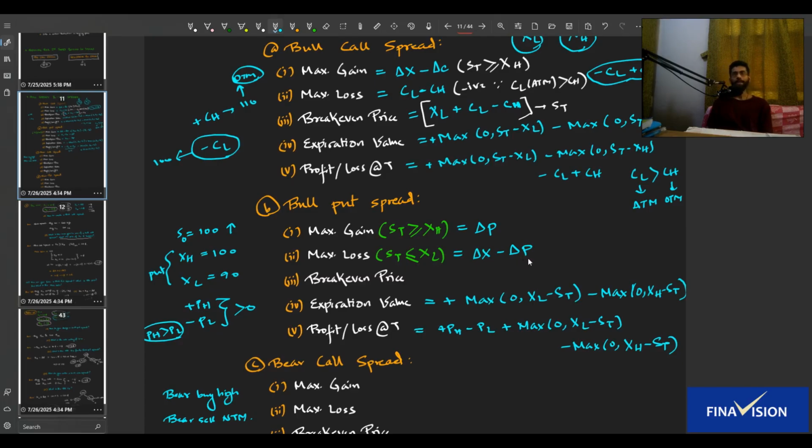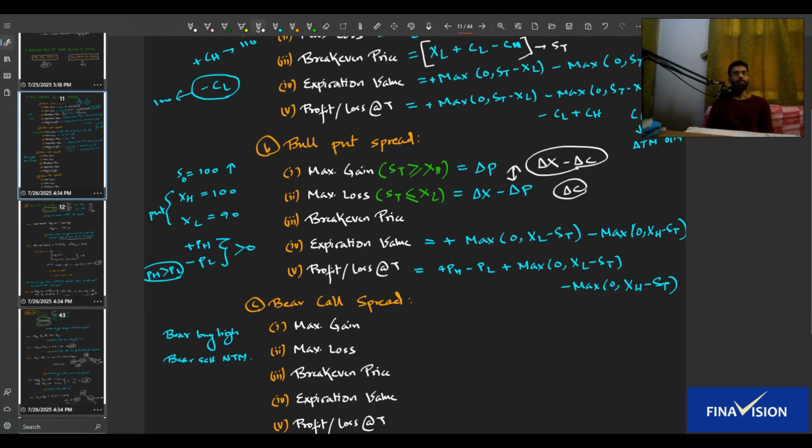So here also there is a role reversal. In case of bull call spread, if you remember, the maximum loss was the difference between the premiums and the maximum gain was the spread between the strikes minus the difference between the premiums. There is a complete role reversal here, you can see, right?